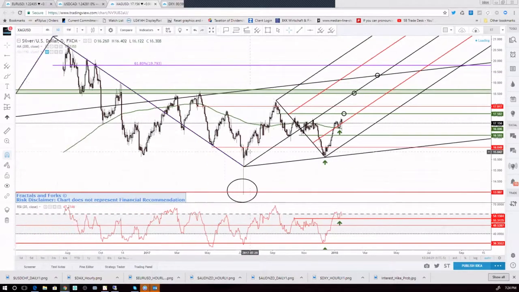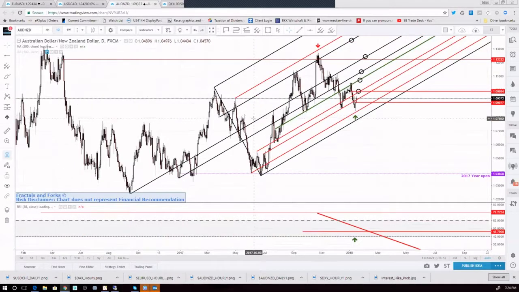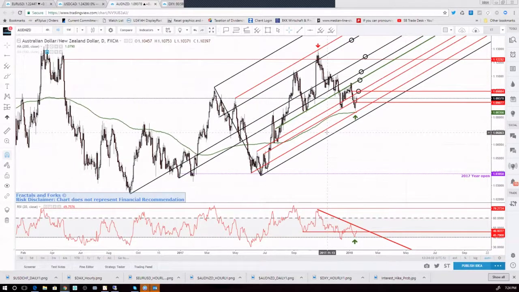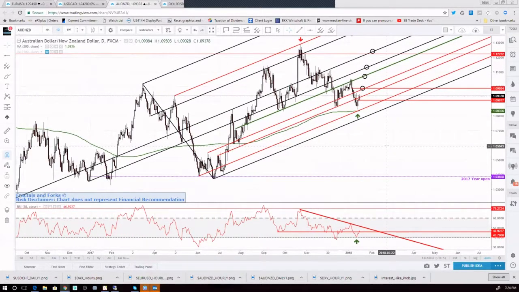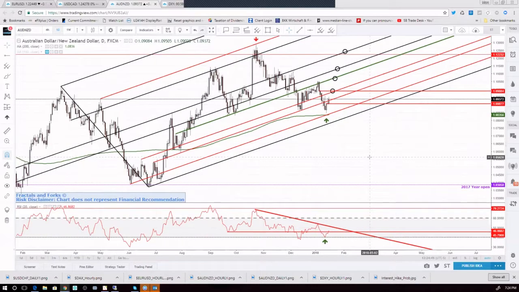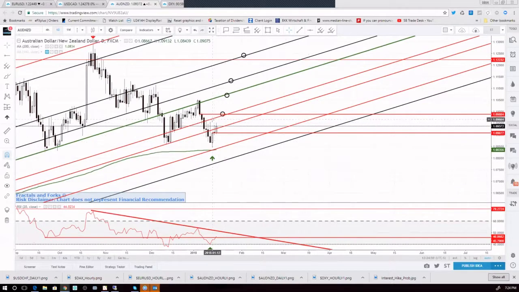Okay, Aussie dollar, of course. No, Aussie Kiwi, of course. So I'm looking for a close near the highs, and preferably that we take out this high, 109.55.